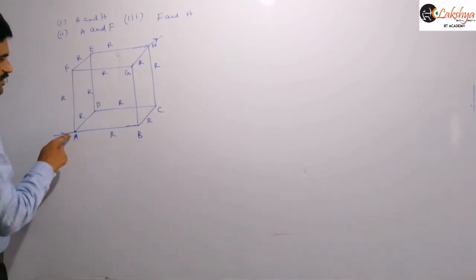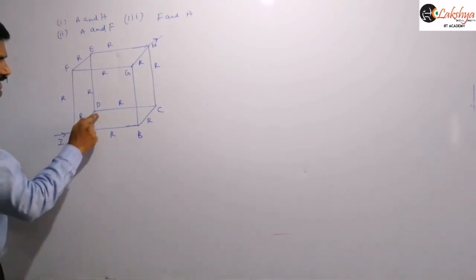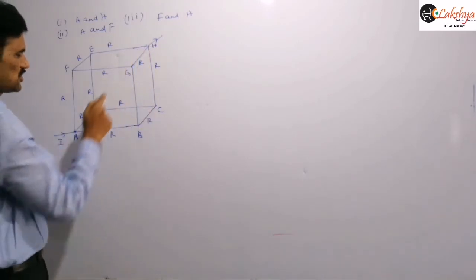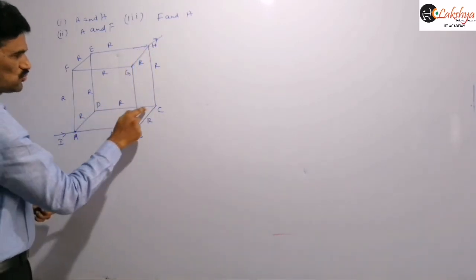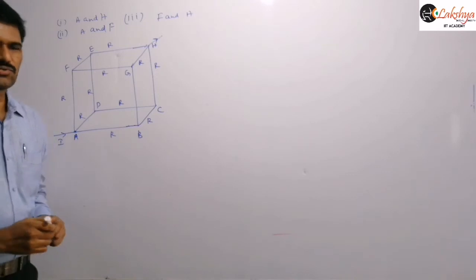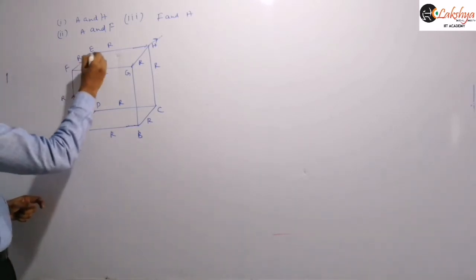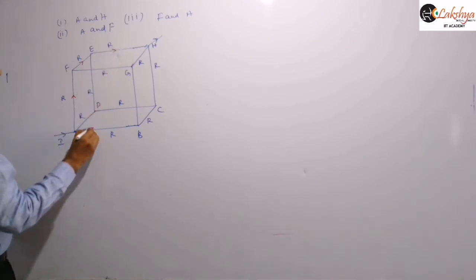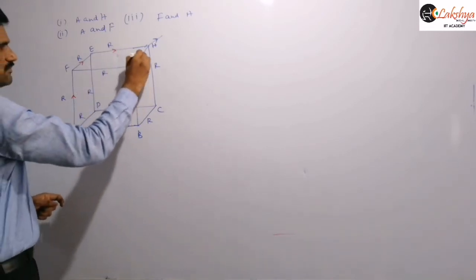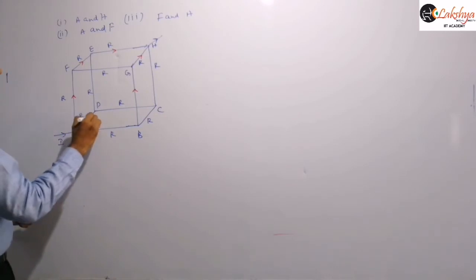And next let us take this path, A, D, C, H: R, 2R, 3R. That means 3R we are crossing here. And you can observe these are identical. This is one path, this is another path, the second path, and the third path we are taking here.